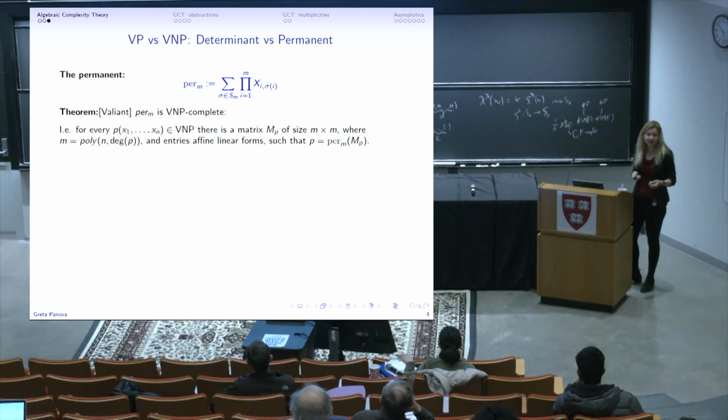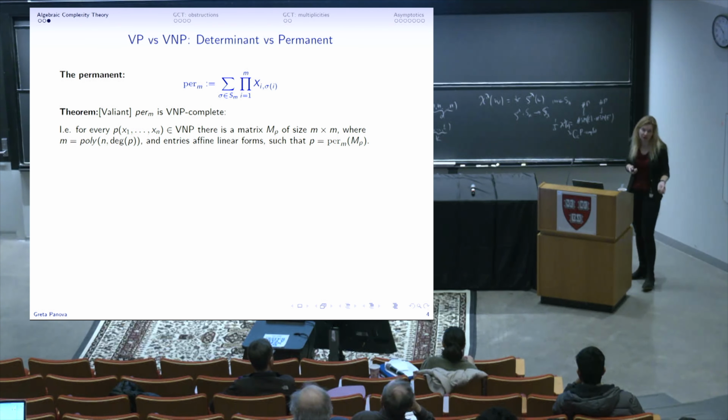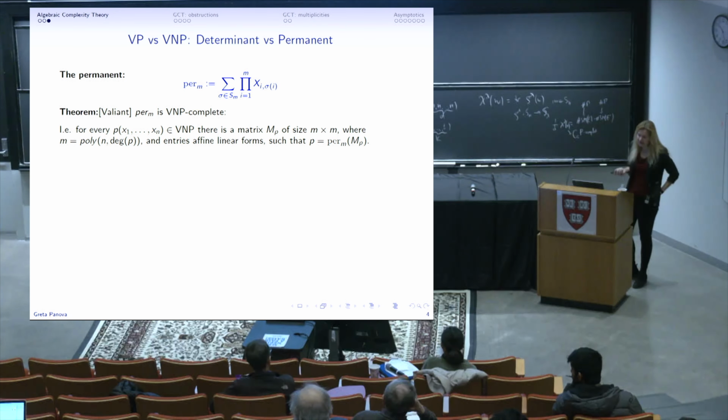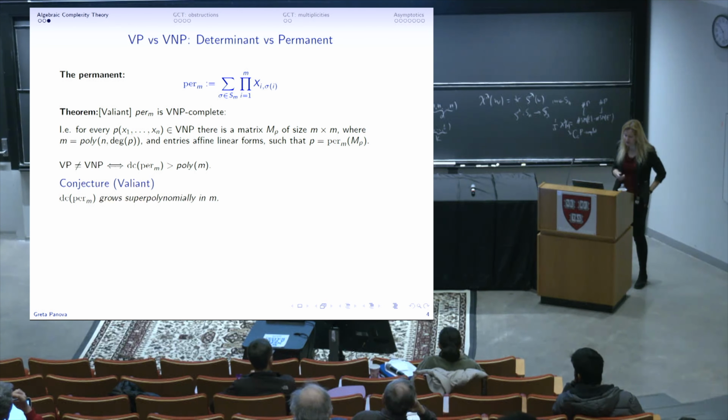So in fact, determinants are powerful. We can compute everything with them, but permanents are even more powerful. You can compute more polynomials with a smaller permanent in this case. But the problem is that the permanent is not nice. It's not an efficient thing to compute, and this is really what we want to prove.